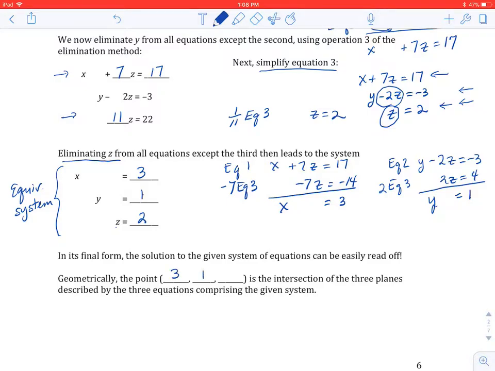It's the point 3, 1, 2. It is the intersection of the three planes described by the three equations in the original system. And we could test those values in the original system to make sure that they satisfy all the planes, in other words, all the equations.